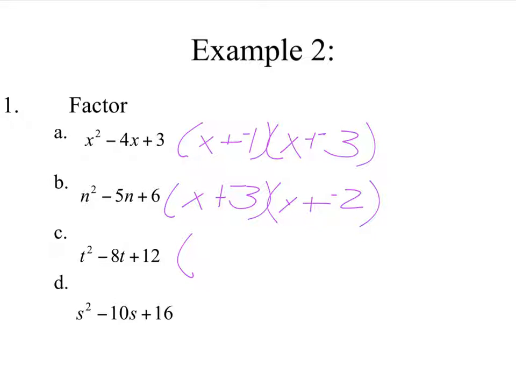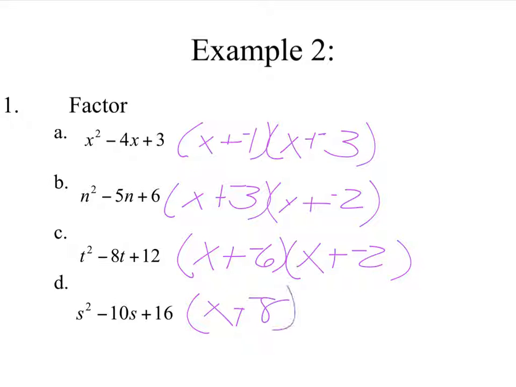For number 3, I have x plus negative 6, and I have x plus negative 2. And for the last one, I have x plus negative 8 and x plus negative 2. Again, you'll notice that I did change my variables there. I just traditionally like the x a little bit better.